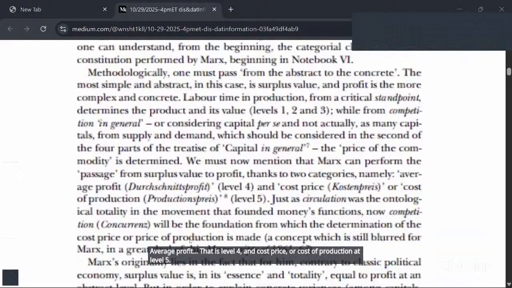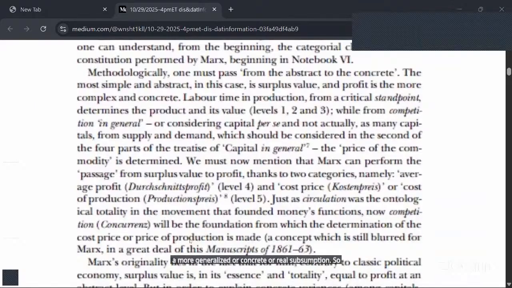So we're looking at the difference between calculating the costs at one level of production, which is probably more like formal subsumption, and the second cost price of production as it moves toward a more generalized or concrete or real subsumption.